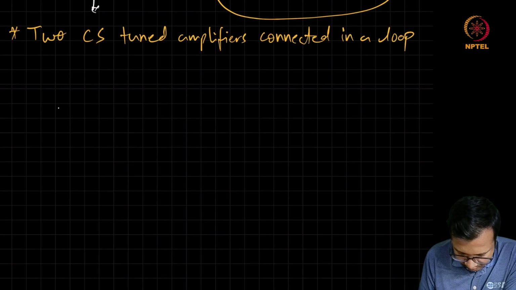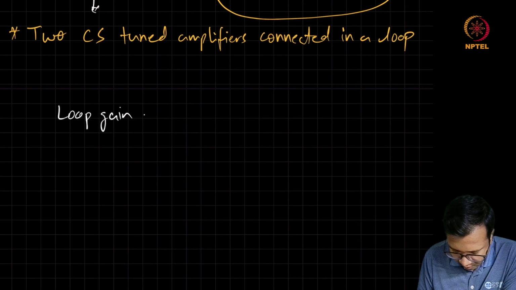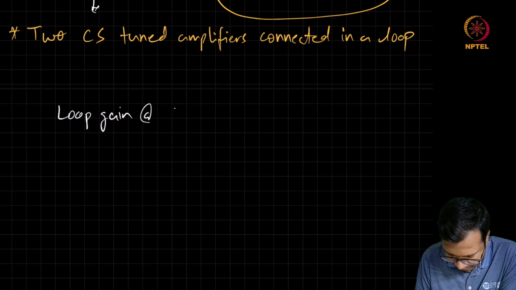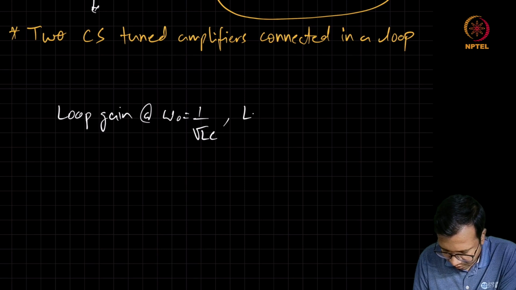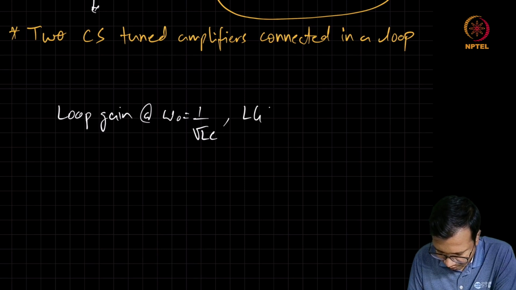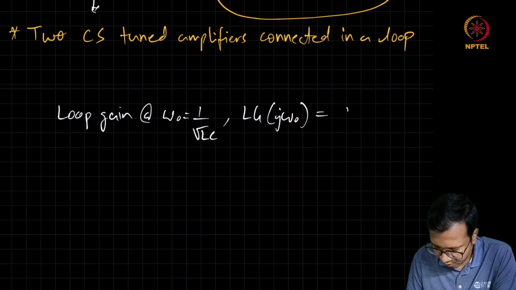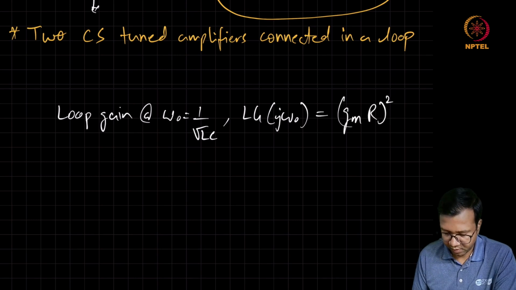So the loop gain at omega naught equal to 1 by root over LC, G at J omega naught, is going to be equal to GM into R whole square.